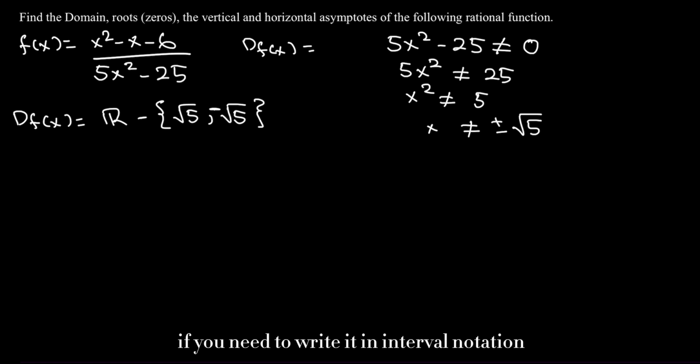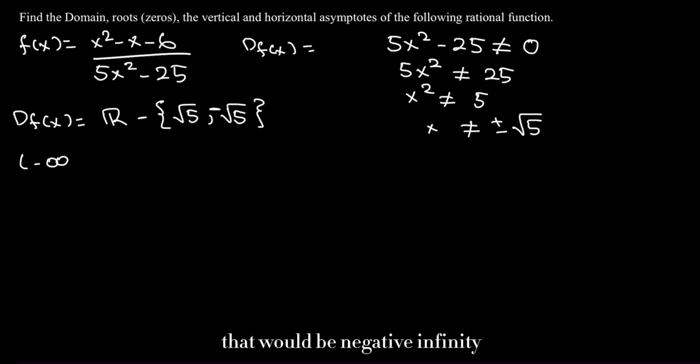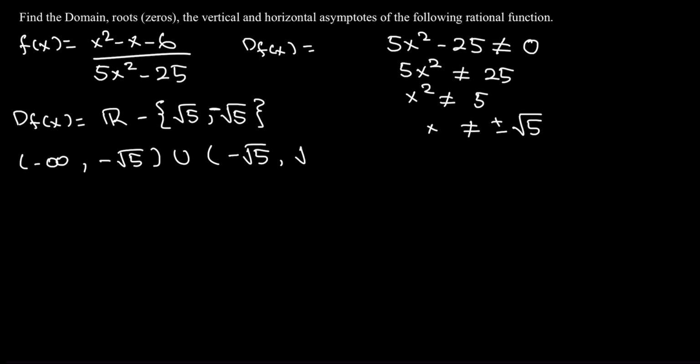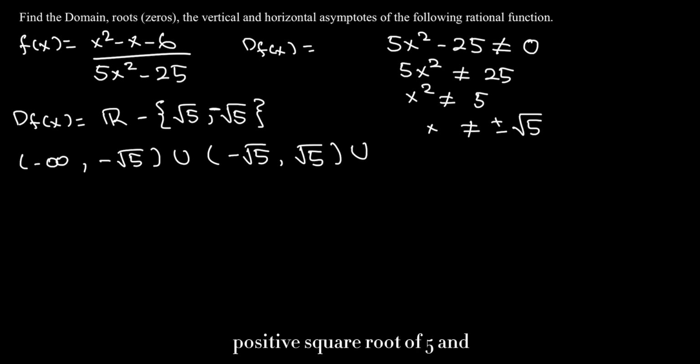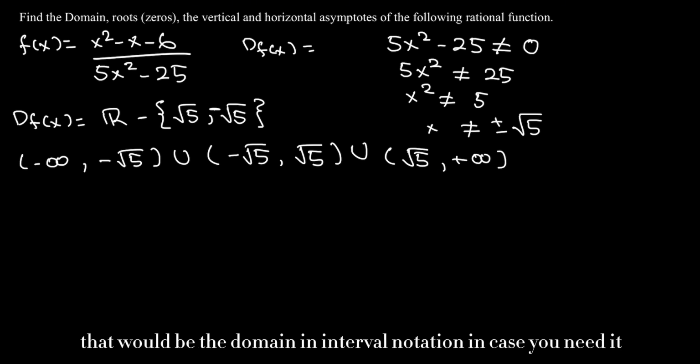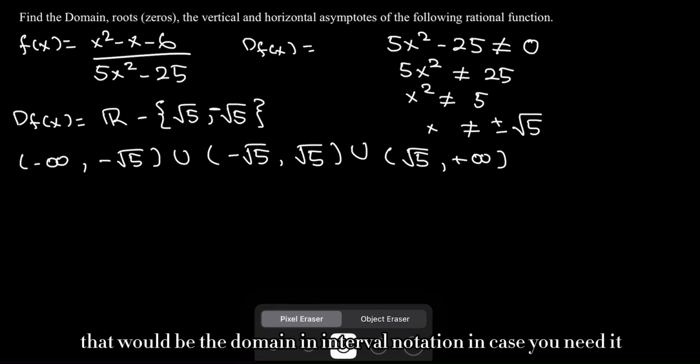If you need to write it in interval notation, that would be negative infinity, negative square root of 5, and negative square root of 5, positive square root of 5, and positive square root of 5, and positive infinity. That would be the domain in interval notation, in case you need it.